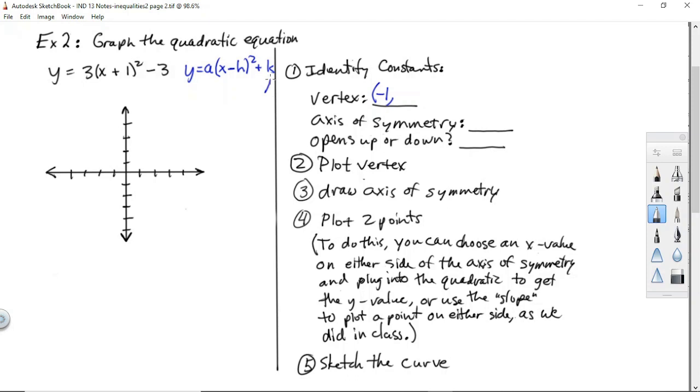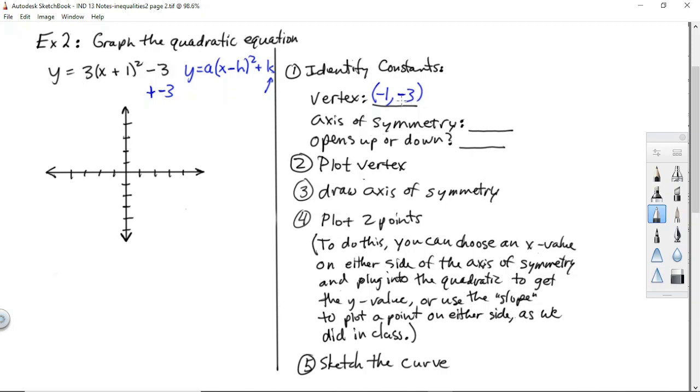And k is the thing that's added out here. Well, what is added in ours? Well, we could say we're adding -3, right? If you wrote it as addition, that's what it would be. So that is -3. So that's the vertex.